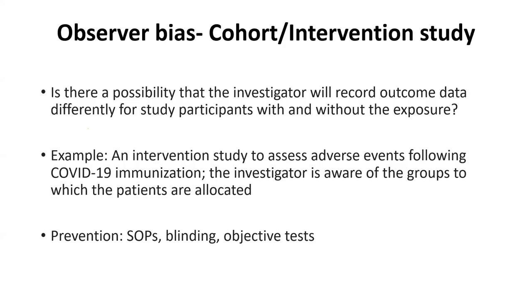To prevent this, can you do blinding of the investigator? Can you use objective tests? And can you train and provide SOPs to the investigator to make such decisions? So these are ways of preventing information bias.